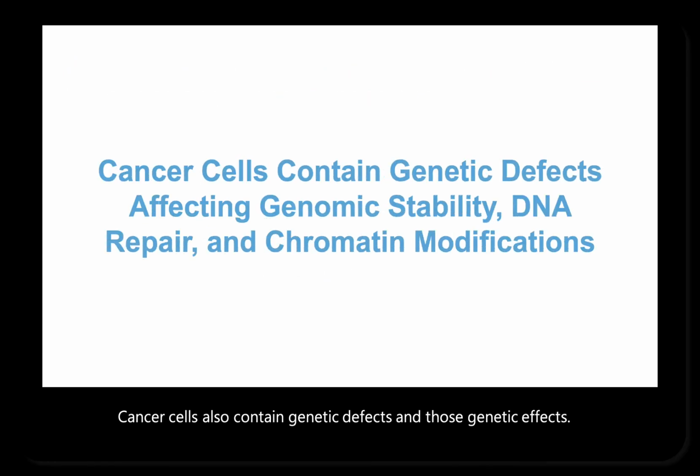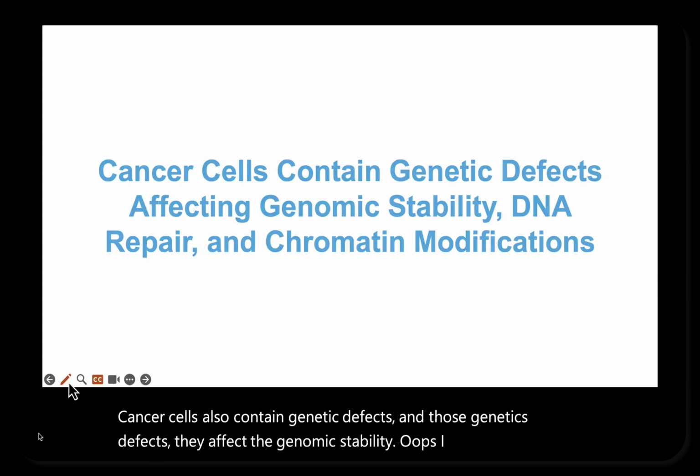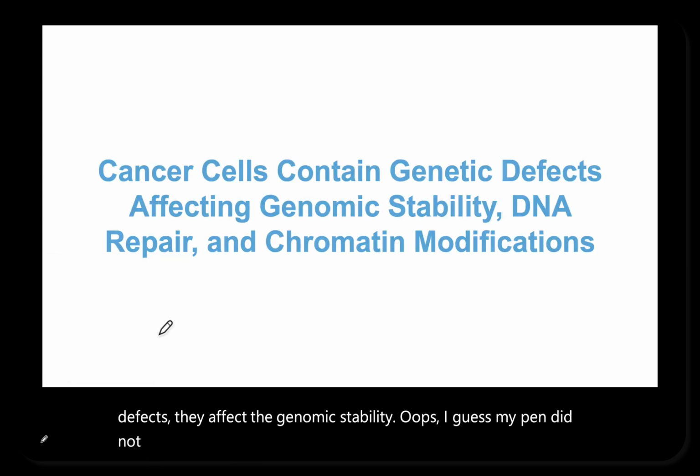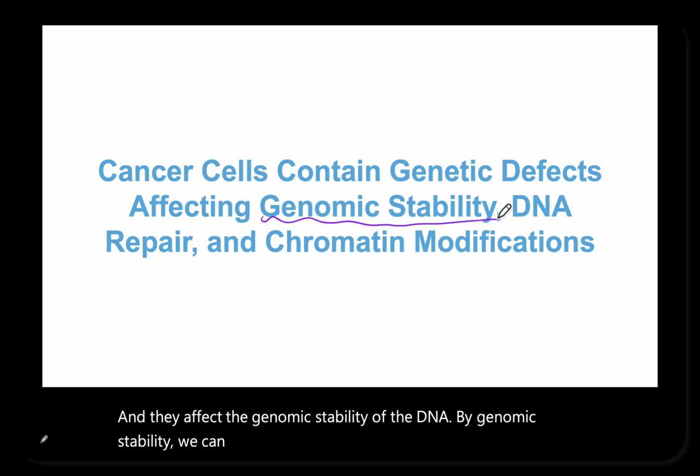Cancer cells also contain genetic defects, and those genetic defects affect the genomic stability of the DNA. By genomic stability, we can understand a normal composition of the genome.